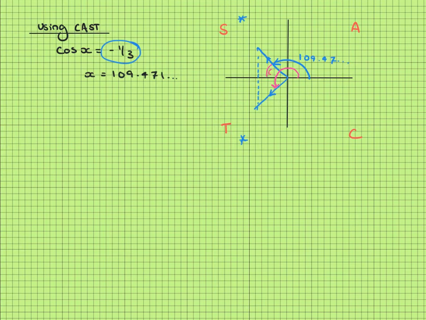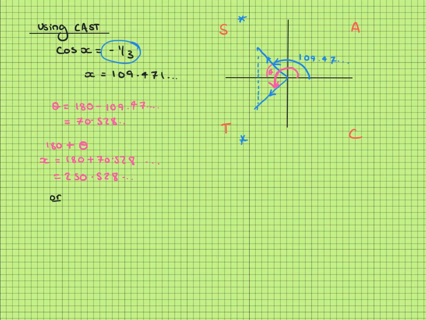Now, this value here, theta, in that gap there, we can see that theta is equal to 180 minus 109.47, which is equal to 70.528, and then our angle, which takes us all the way around there, is 180 plus theta, so x is equal to 180 plus 70.528, and that takes us to 250.528, etc., which we've seen before.